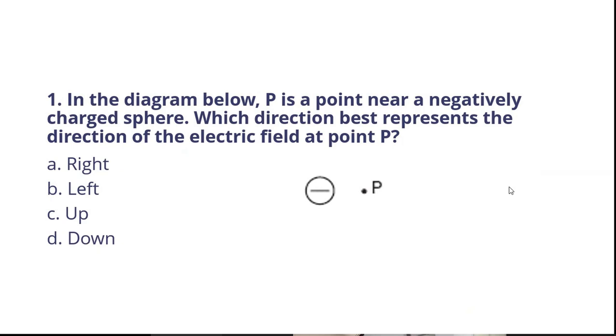In the diagram below, P is a point near a negatively charged object. Which direction best represents the direction of the electric field at point P? You can send your answer. Miss, I don't understand. This is the negative charge. How about the direction at P?